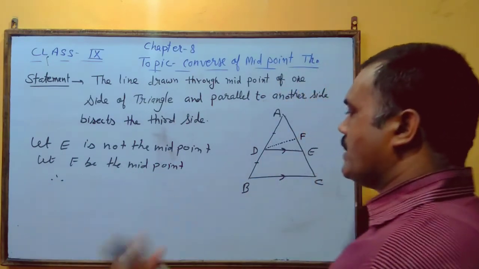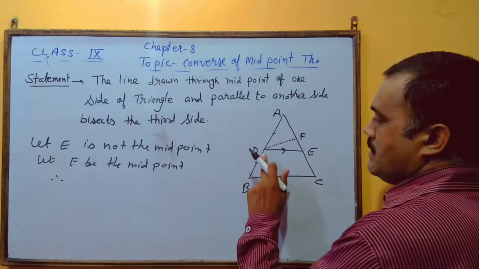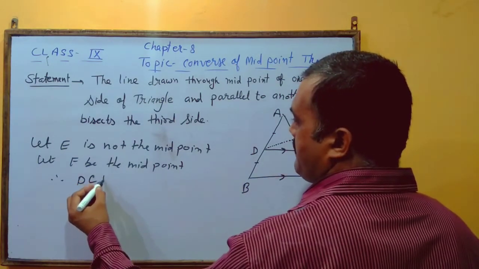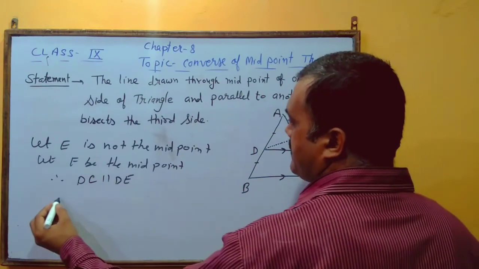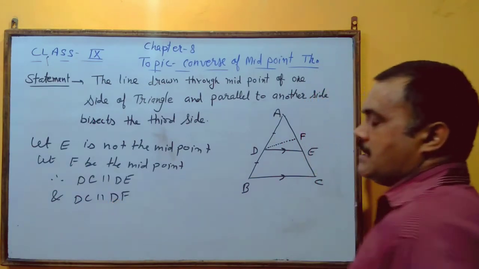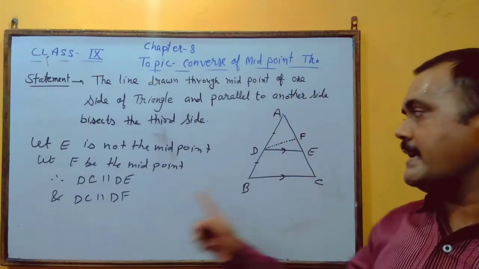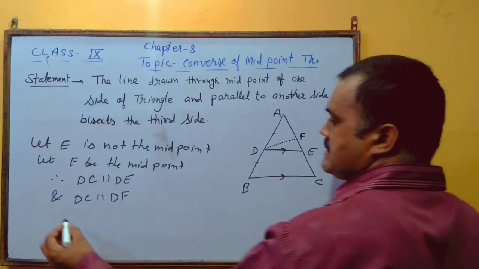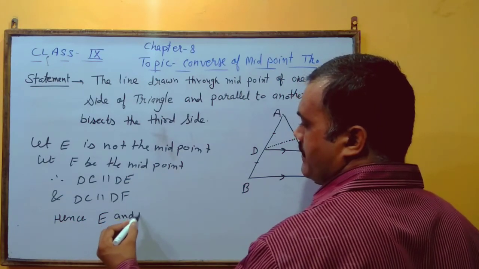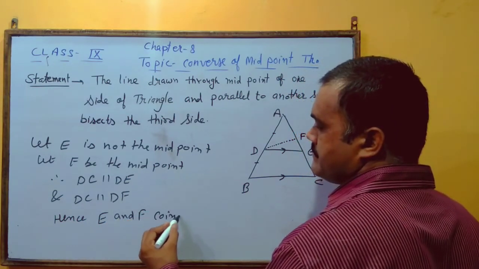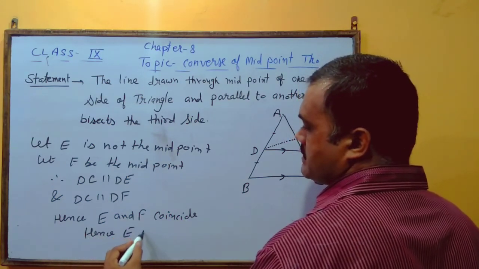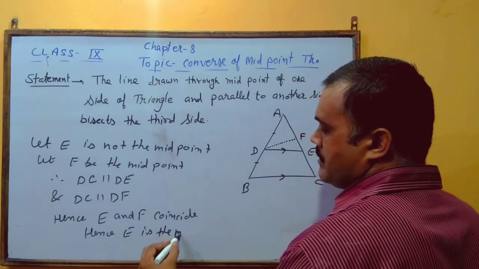Therefore now you know very well from the previous theorem, if F is the midpoint, then BC is parallel to DF, and BC is parallel to DE also. Therefore both E and F should coincide, both should be at the same place. Hence E and F coincide. Hence E is the midpoint.